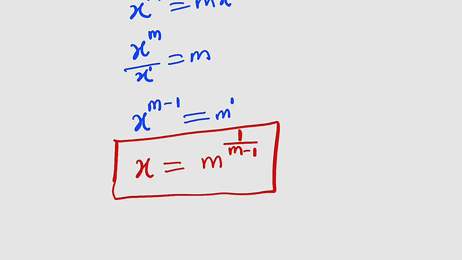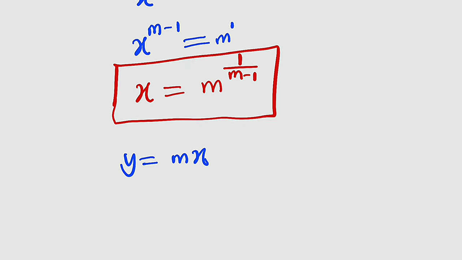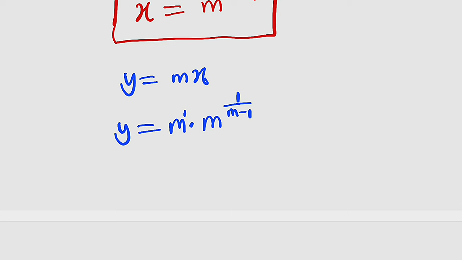So what about y? Remember that y is equal to mx, but x is already this, so let us plug it there. y will be equal to m multiplied by m to the power of 1 divided by m minus 1. Naturally, this has a power of 1, and since we are multiplying, we can add the exponents.